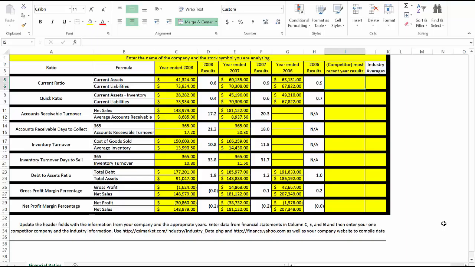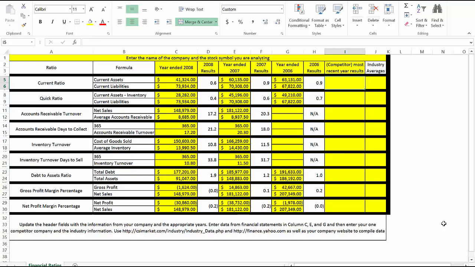Inventory turnover takes cost of goods sold and you divide by the average inventory. And again, because we don't have 2005 data, I didn't have the 2005 inventory, so I couldn't do an average. So I only calculated inventory turnover for 2008 and 2007. So inventory turnover, they're turning at around 10 to 11 times a year.